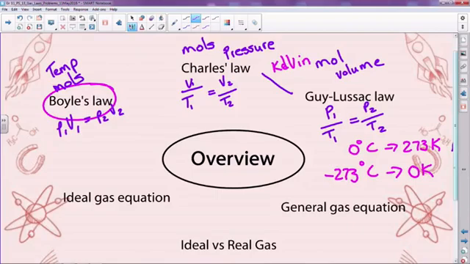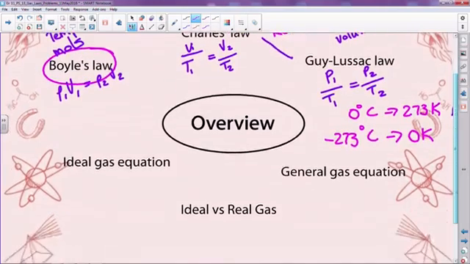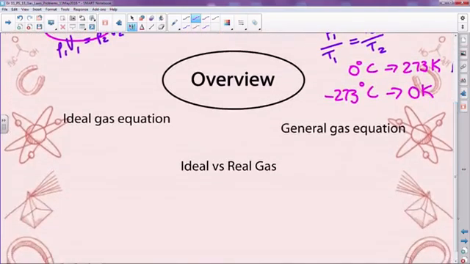Those three laws together give us something called the general gas equation. With the general gas equation, the only thing we've kept constant is the moles. If I combine Boyle's law with Charles's law and with Gay-Lussac's law, I end up with P1V1 over T1 equals P2V2 over T2.